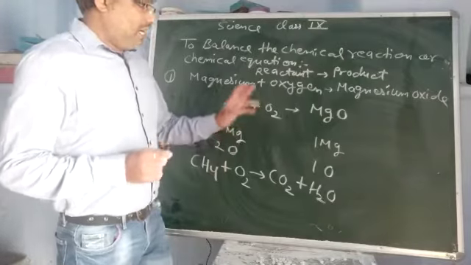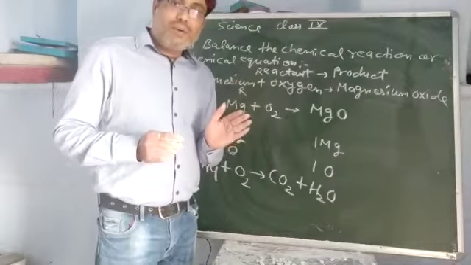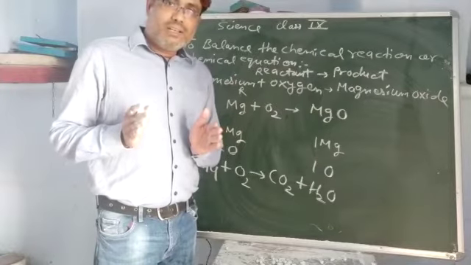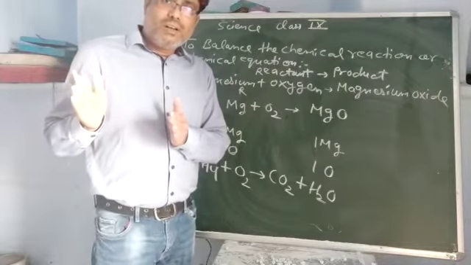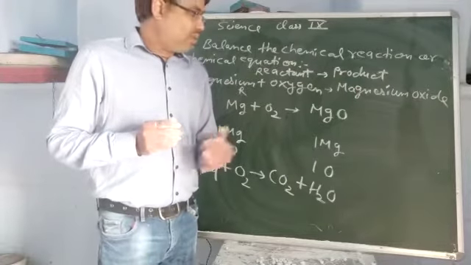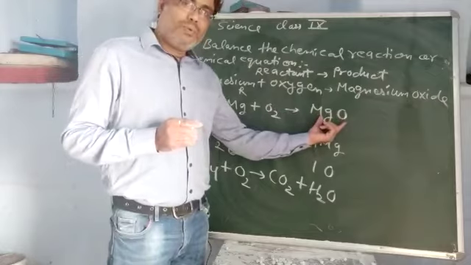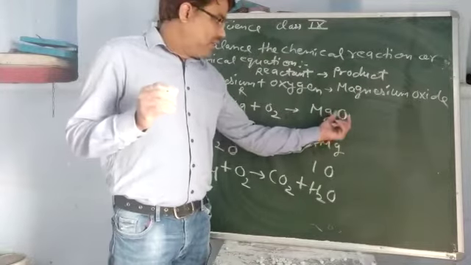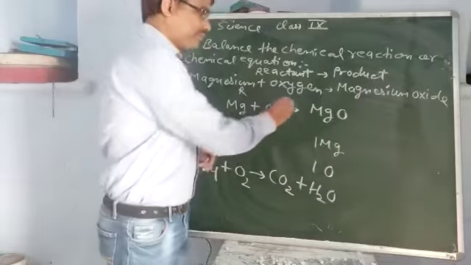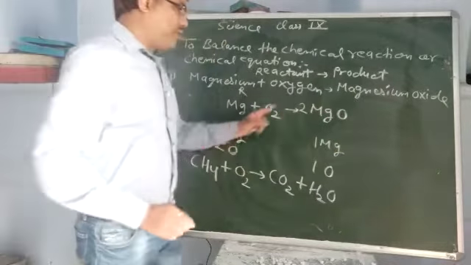For balancing, we have to multiply the formula with an appropriate number. We have to equalize the number of oxygen atoms, so we can multiply MgO by 2. Now it becomes 2 MgO.